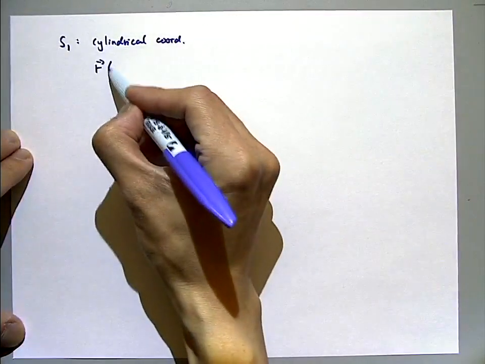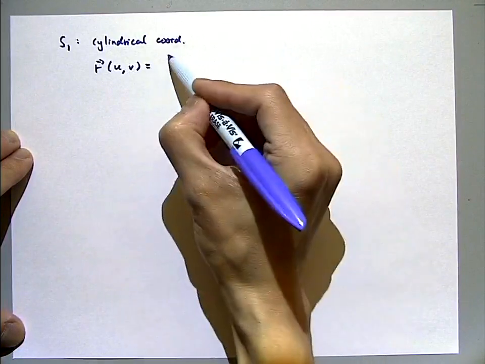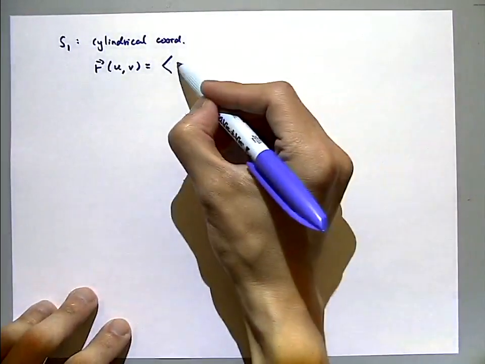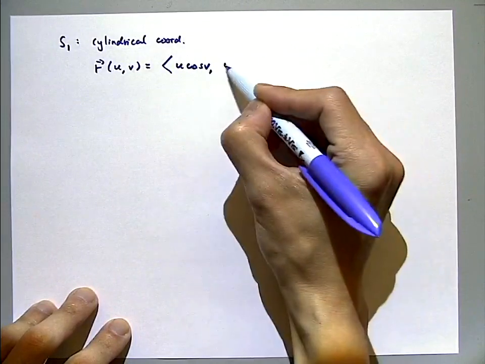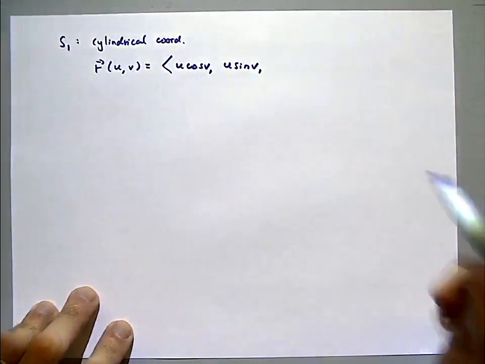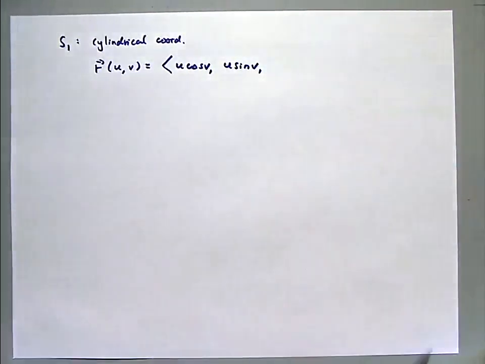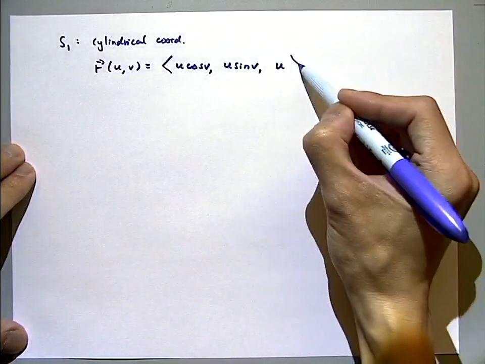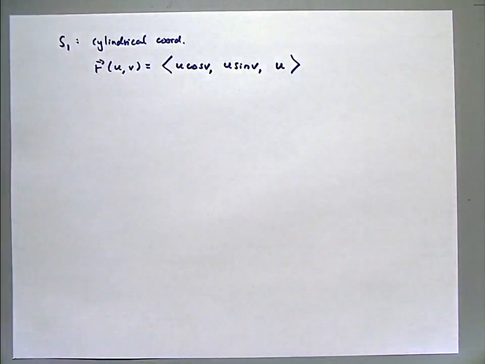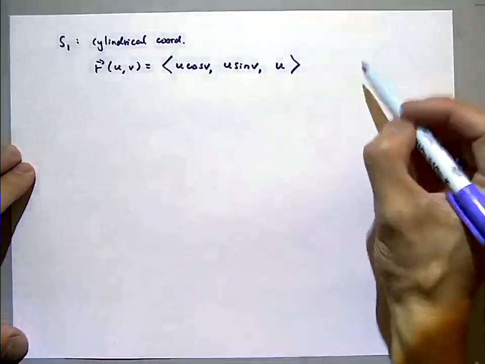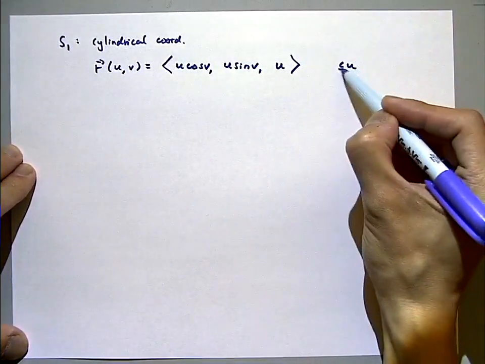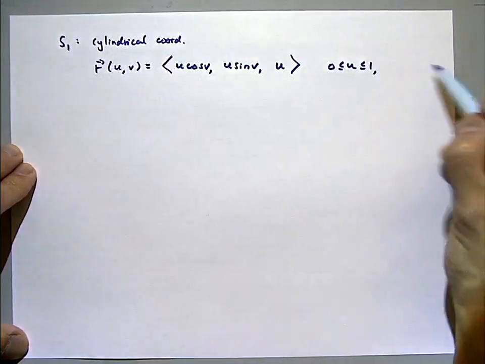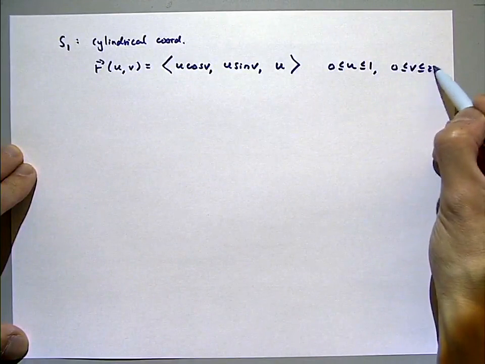And we'll parameterize this as R as a function of U and V, whose X component is U cosine V, Y is U sine V, and then Z, if you look at the equation here, the square root of X squared plus Y squared tells you that Z is equal to U. Okay, so that's just the typical cylindrical, calling r U and theta V. And the bounds on these, we know, are 0 to 1 for U, and 0 to 2 pi for V.